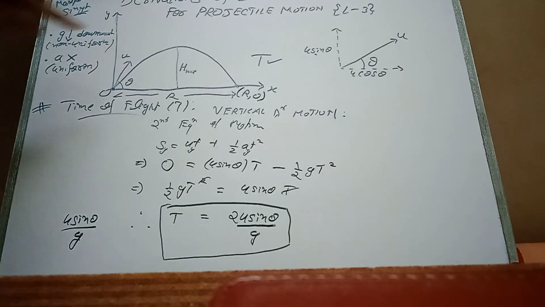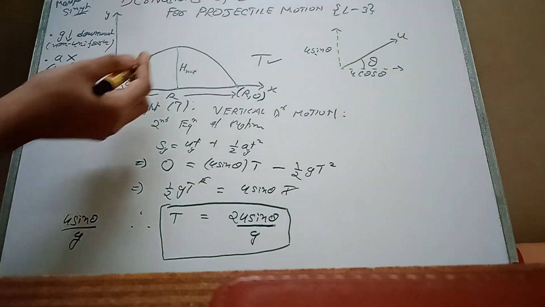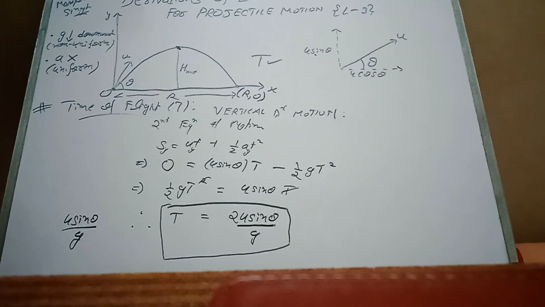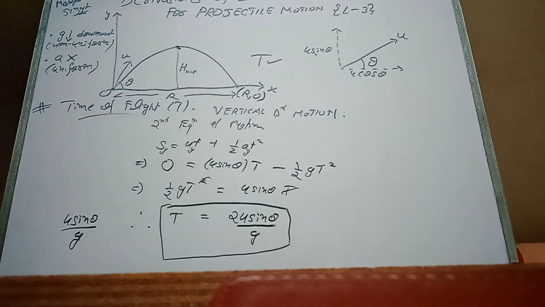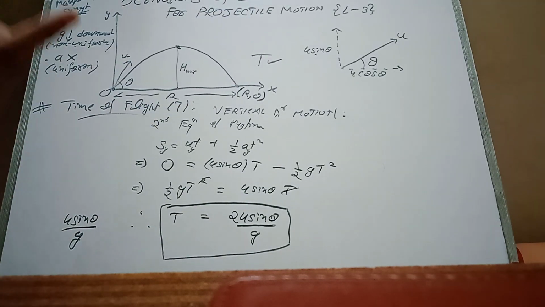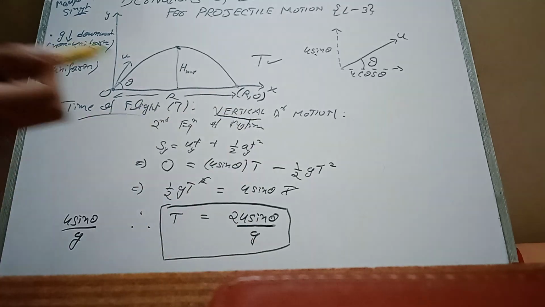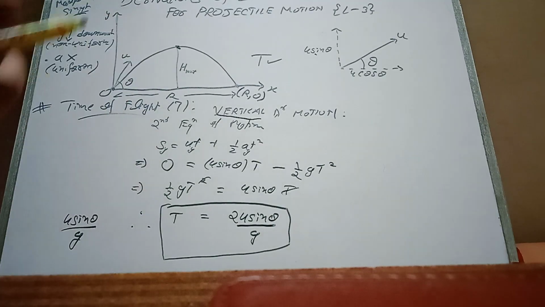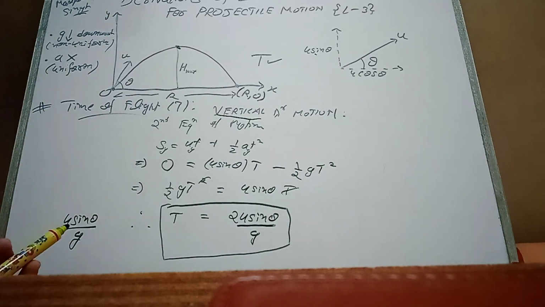Because when you use the first equation of motion, you consider u as u and v as 0, because at the topmost point the final velocity becomes 0. U is u sin theta, vertical, remember vertical, this thing has to be remembered. V is 0, vertical, a is minus g, and t you have to find.